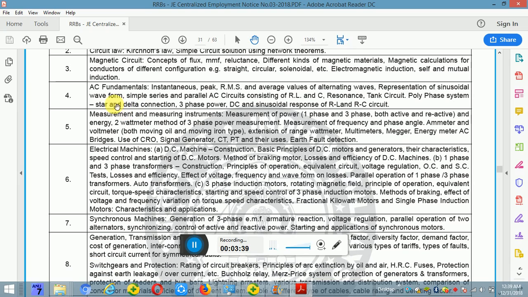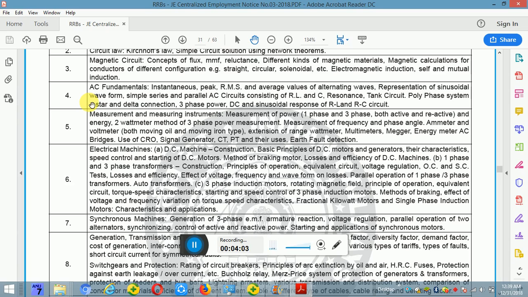AC fundamentals: how the AC voltage is produced, and instantaneous, peak, RMS, average values of alternating waves. There are alternating waves, some of them sinusoidal wave, square wave, rectangular wave, triangular wave.